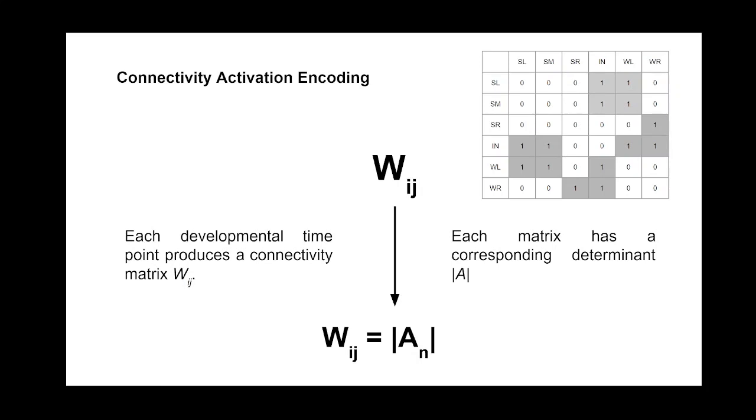We focus specifically on this connectivity activation encoding, which we talked about at Neuromatch 3. This is where the connectionist network grows in size with development. So you can grow these in size and complexity, and then you can specialize them for different layers.